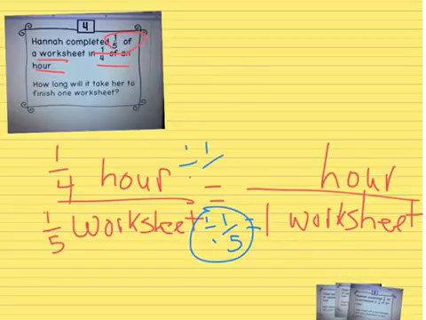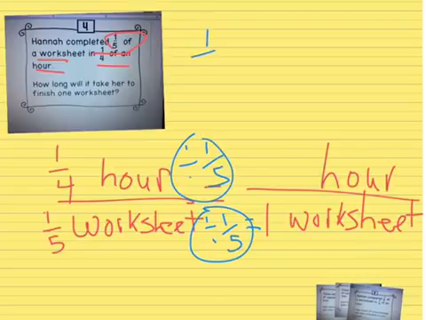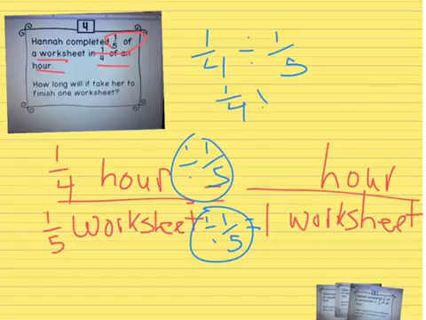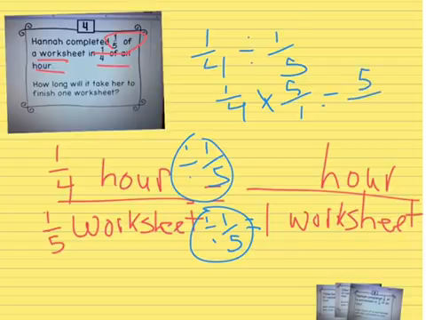So 1/4 divided by 1/5 would give me what my hours for one worksheet would be. So I'm going to do that up at the top. 1/4 divided by 1/5 is really keep, change, and flip. So 1 times 5 is 5, 4 times 1 is 4.